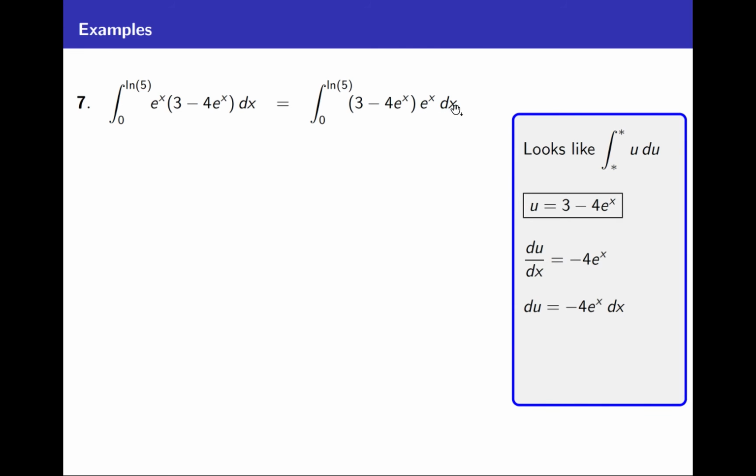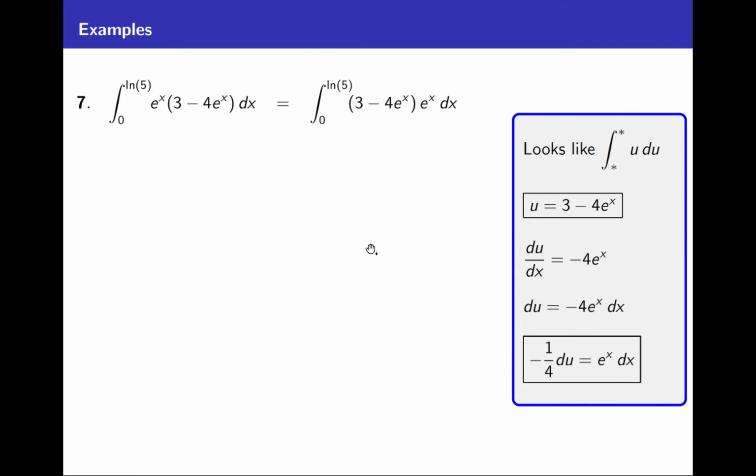And notice we have an e to the x dx here. We could isolate the e to the x dx in this equation by multiplying both sides by negative 1/4. So we get e to the x dx equals minus 1/4 du.